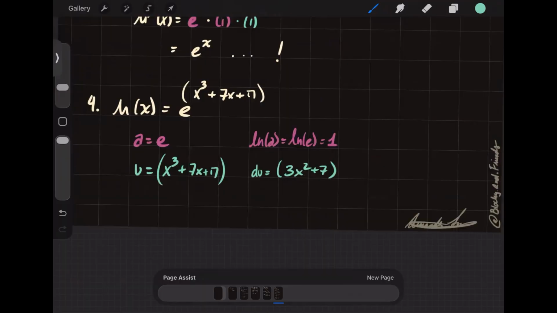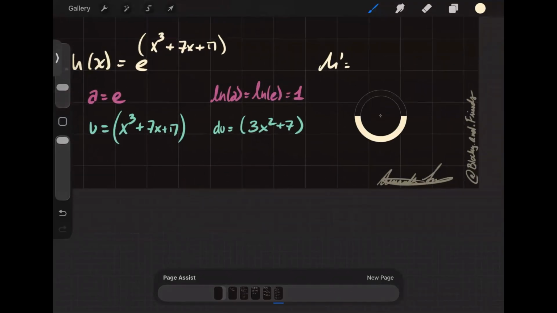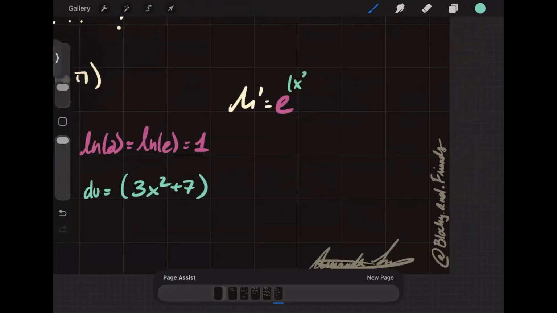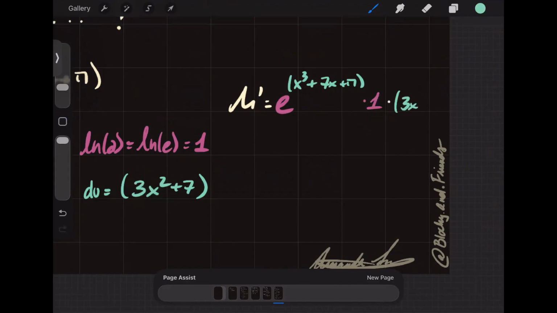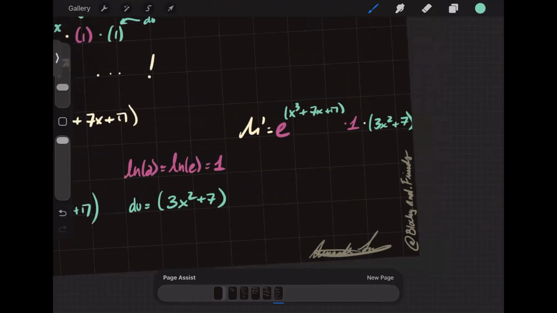And that means you have h prime. I'm going to stop writing x just because it's a lot of work. It's going to be a to the u, so e to the x cubed plus 7x plus pi times 1 times 3x squared plus 7, right, in parentheses.